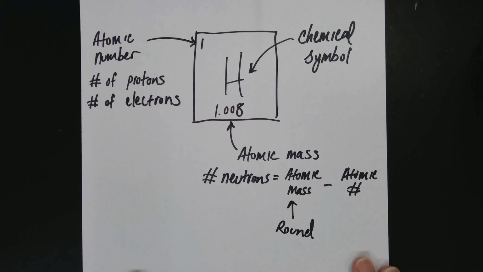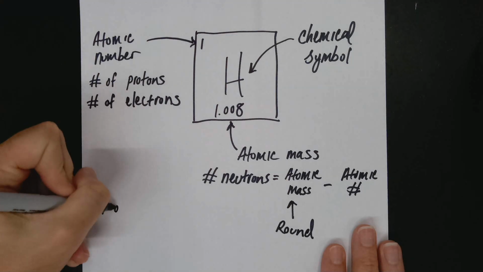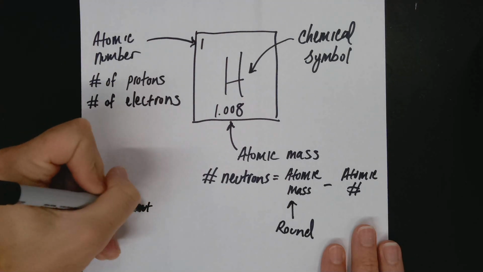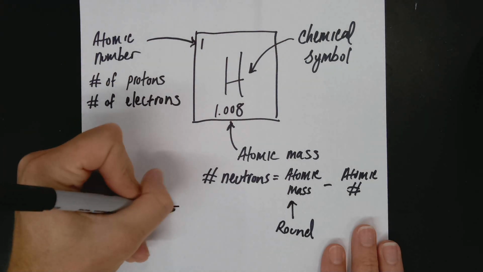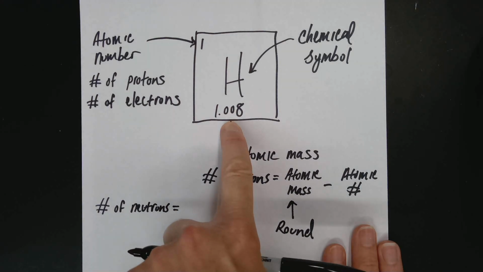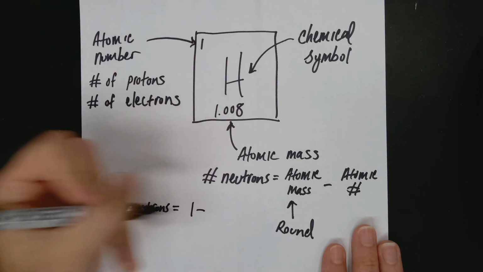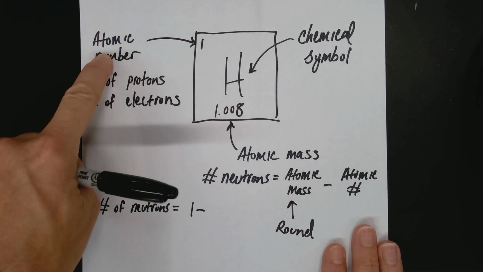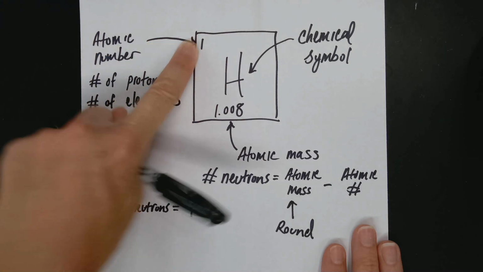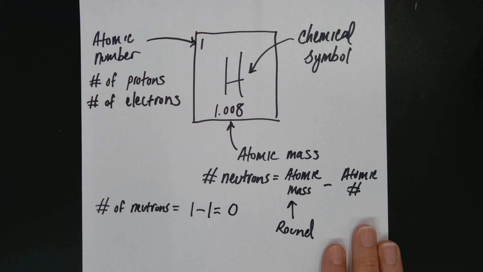So let's look at hydrogen as an example. If I want to know the number of neutrons, I would do the atomic mass, but remember I'm going to round to the nearest whole number, so that's 1, minus the atomic number, which is 1. 1 minus 1 is 0.